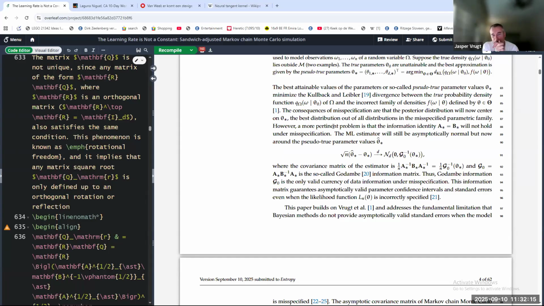uncertainty. So in my view, if that paper had been written more from an information theoretic perspective, we would be having a different conversation today.